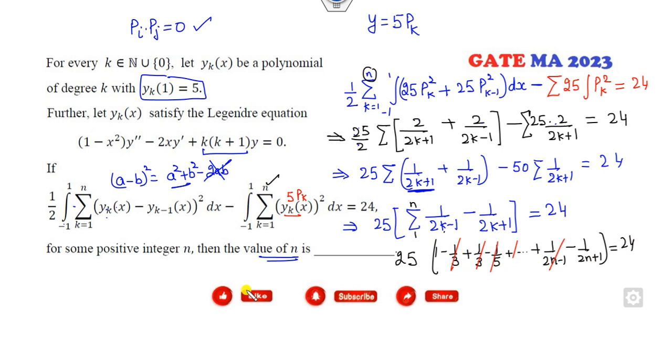First and the last term will be pending. So 25 times (1 minus 1 over 2n plus 1) will be 24. I think that's over. If I open this, 25 minus 24 is 1. 1 over 2n plus 1 is 1 over 25. So clearly say n will be 12. 24 plus 1. So n is 12 is my right answer.